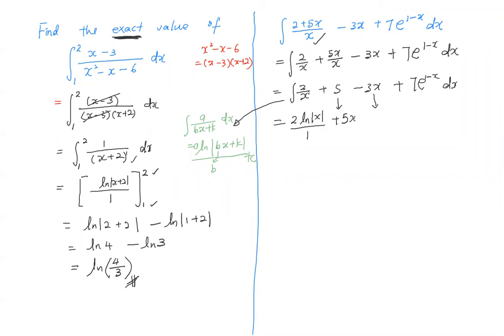When I integrate this, I have power plus 1 divided by the power. When I integrate e, I copy down the whole thing divided by the coefficient of x, plus c.